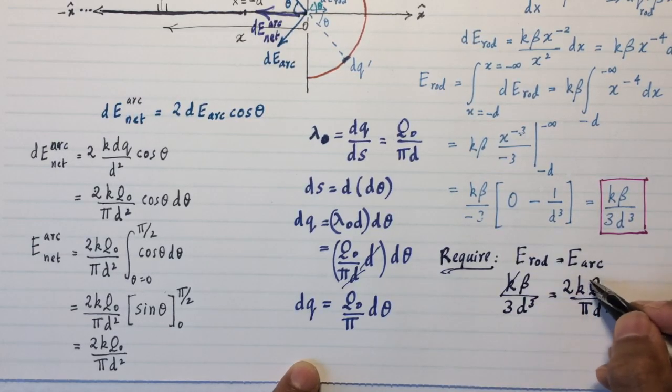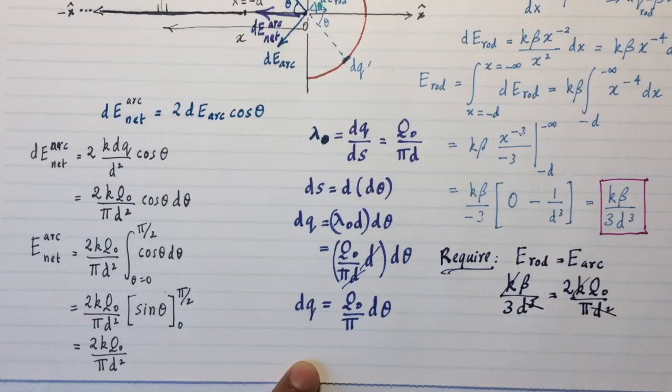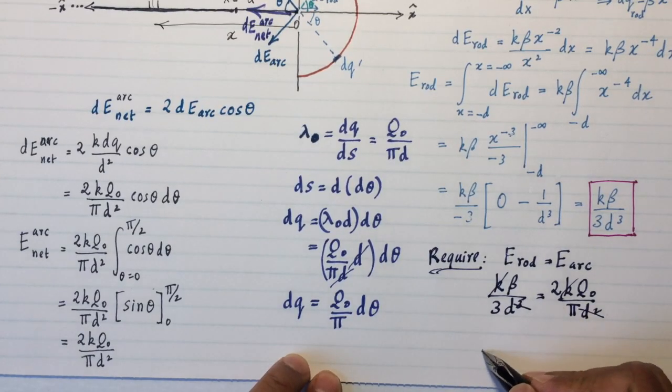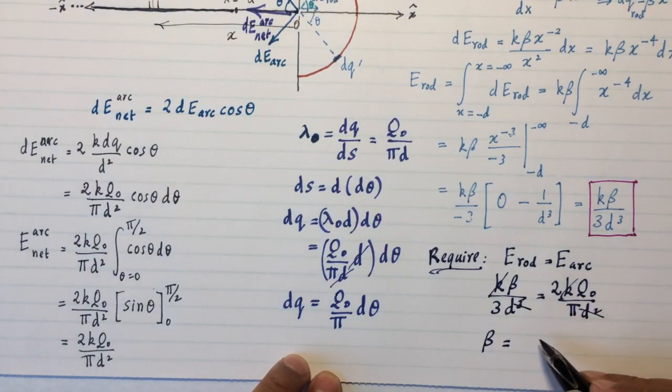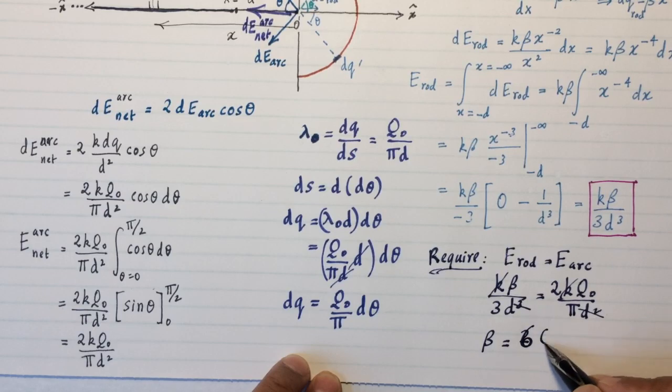The Coulomb constant k cancels out. 2 factors of d cancel out, and so we have our beta here. Beta is just 2 q naught, actually 2 times 3 is 6 q naught over pi.